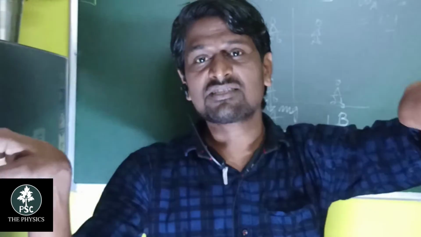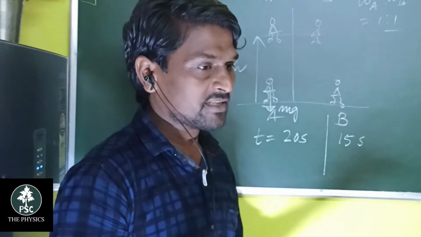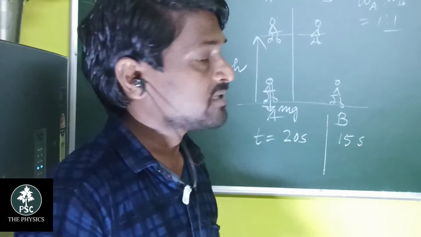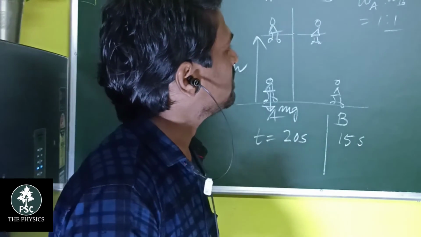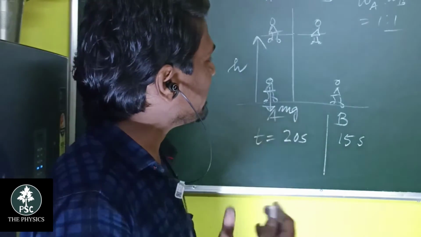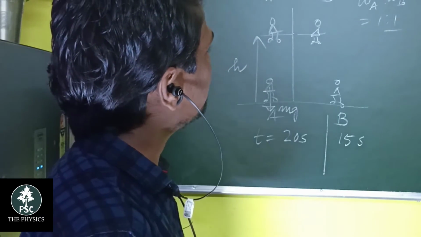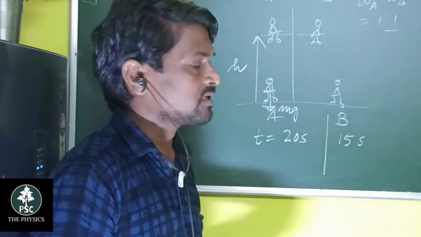If the two persons are different and they lift themselves to a particular height, then the work done must be different. But if it is said that the work done is the same, the ratio of the work done is 1.